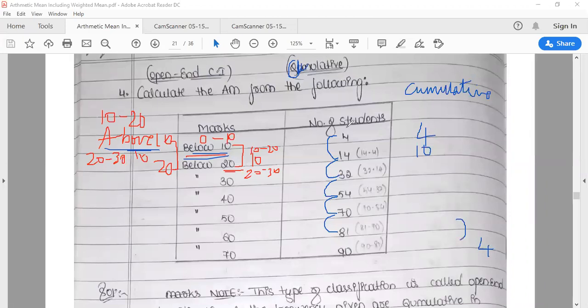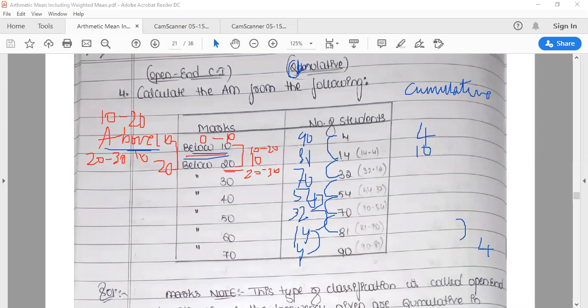Let's say the same class intervals, if you had it reversed, something like this: 4, 14, 32, 54, 70, 81, 90. First write 4 as it is, then 14 minus 4, 32 minus 14, 54 minus 32. You'll have to go from the smallest number to the biggest number. That will be your cumulative frequency.